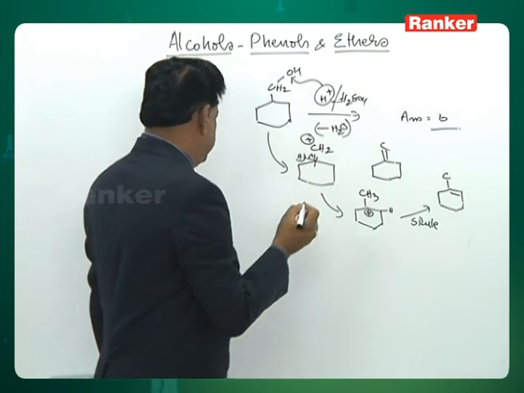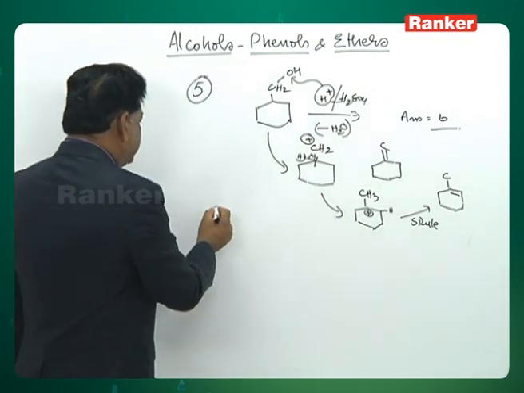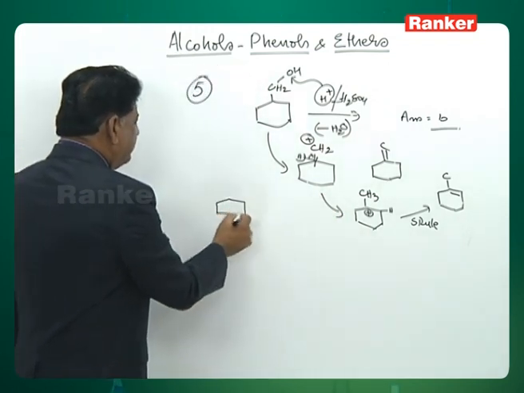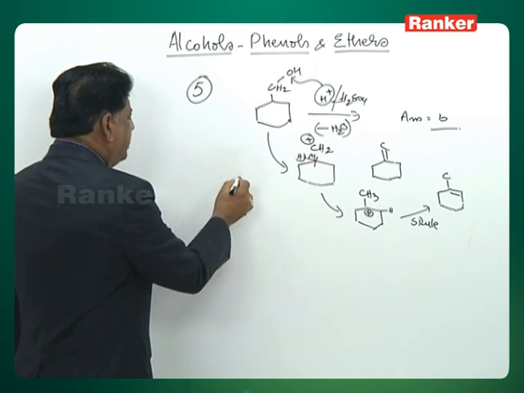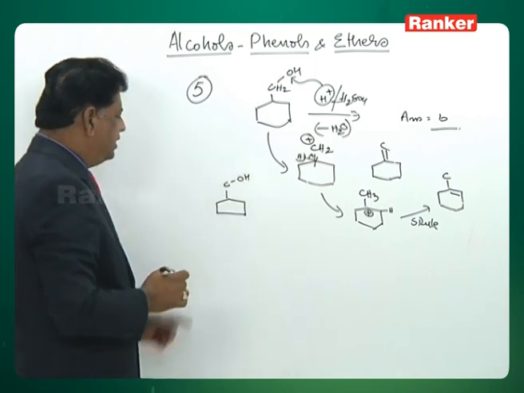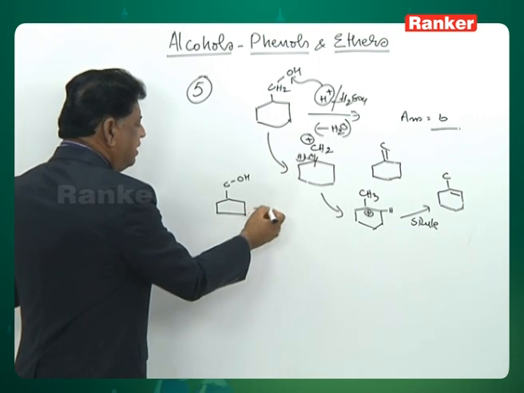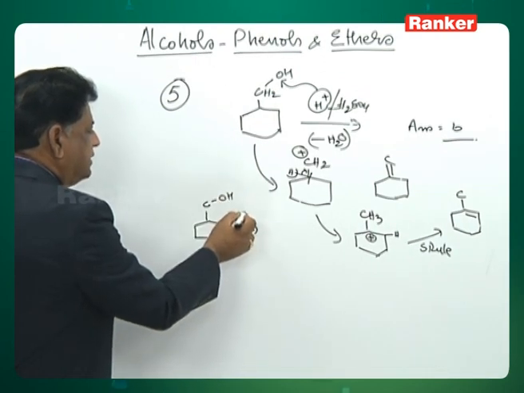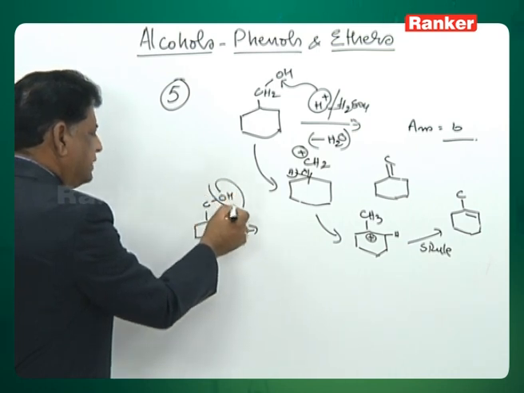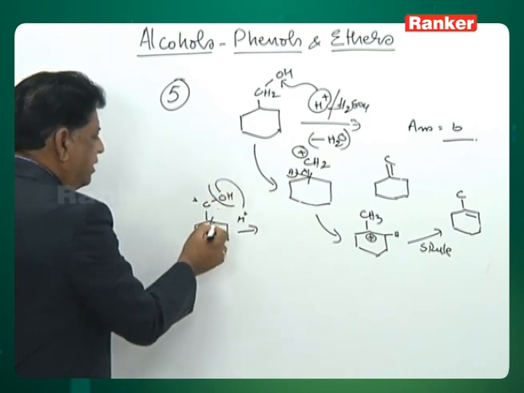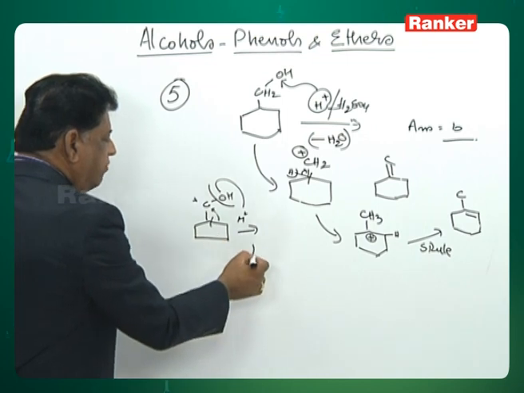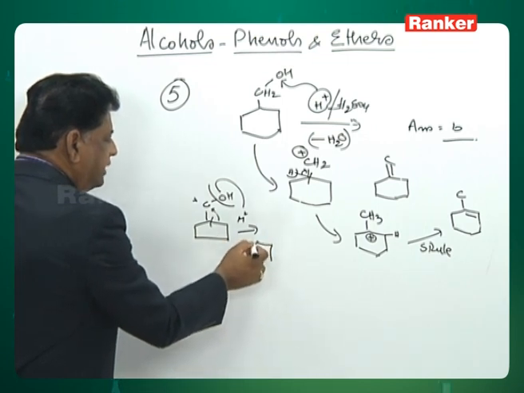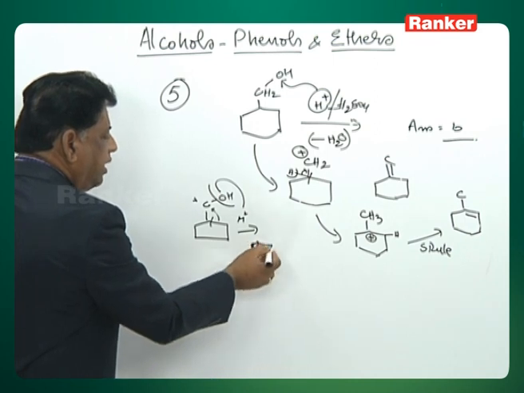Many times the question is framed in a slightly different way. I think this question has been asked several times, maybe that's why it is framed like this. If it is asked for the same subsequent reaction, protonation takes place, and then water is lost, you get a carbocation, ring expansion takes place, after that an intermediate is formed like this, a 6-membered ring with a carbocation and the removal of a proton.